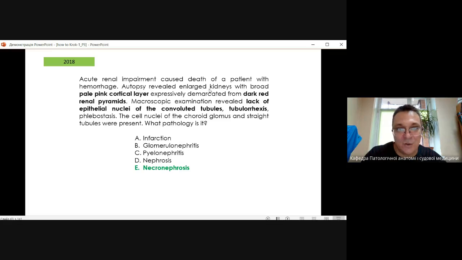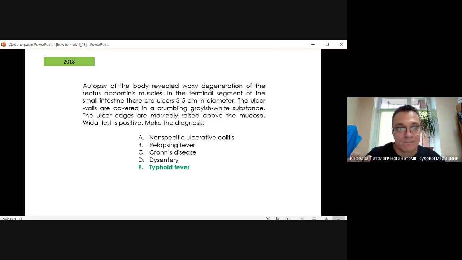Necronephrosis as a result of hemorrhagic shock, the acute renal impairment which was caused by the hemorrhagic shock, and the signs of that: dark red renal pyramids, pale pink cortical layers, and selective necrosis in the convoluted tubules, necronephrosis.